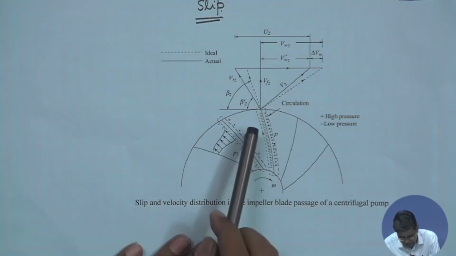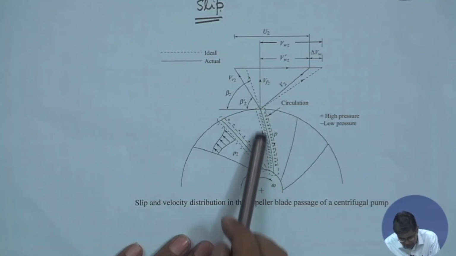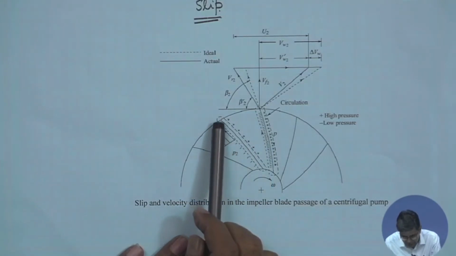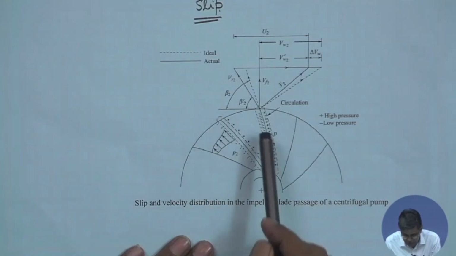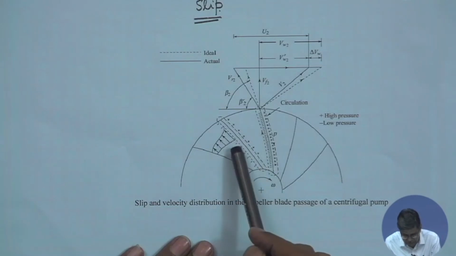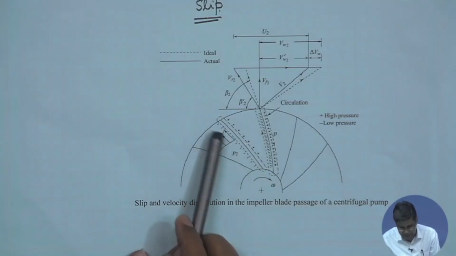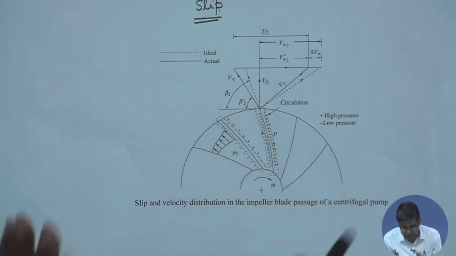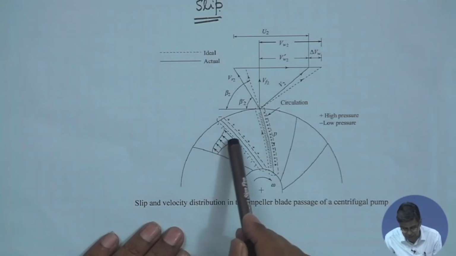This circulation takes place through this part. And finally, what happens? Because of this difference in pressure at the leading and trailing surfaces, the velocity distribution becomes very much non-uniform. It is true that the velocity variation is not uniform.